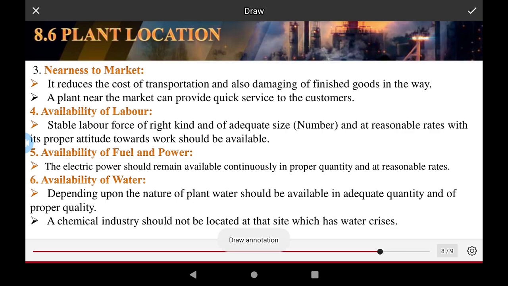Then the availability of water. The plant location is set depending upon the nature of the plant's water needs. Water should be available in adequate quantity, with proper quality and validity.